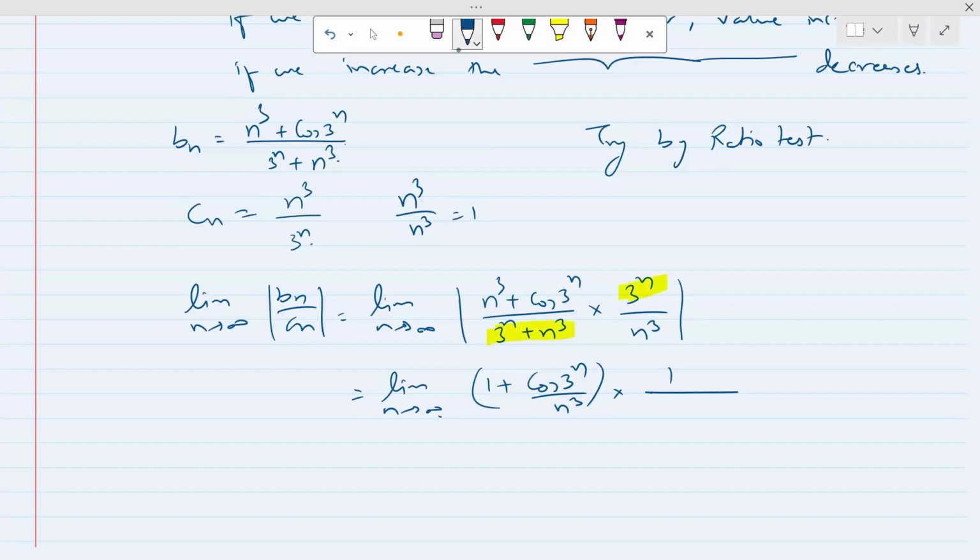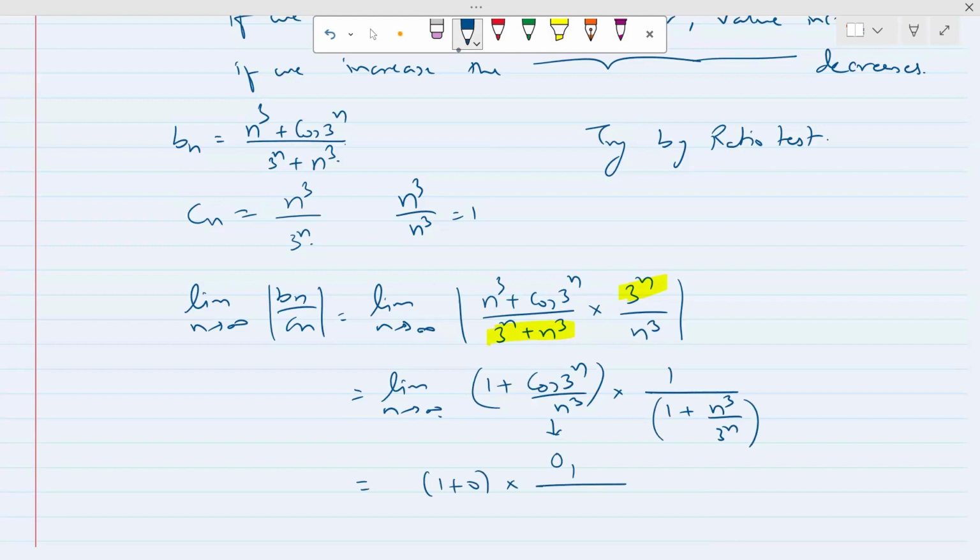So what will you get? 1 plus n cube by 3 to the power n. So what is the value of the limit? Where does the term cos 3 raised to n upon n cube go? This goes to 0, sir, straightforward. So this is 1 plus 0.